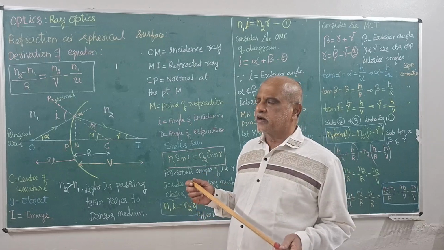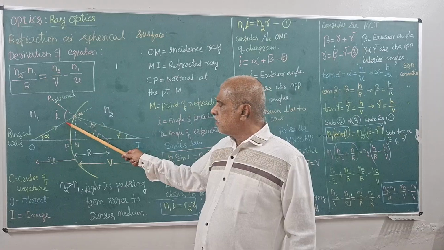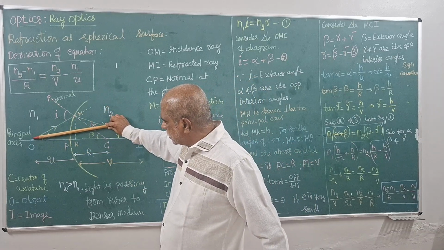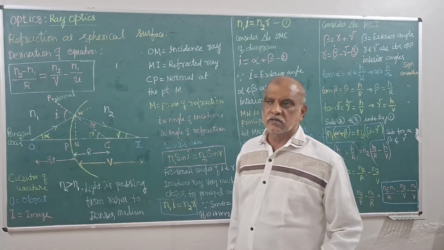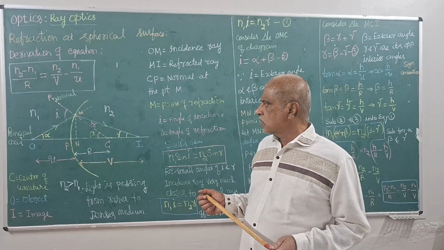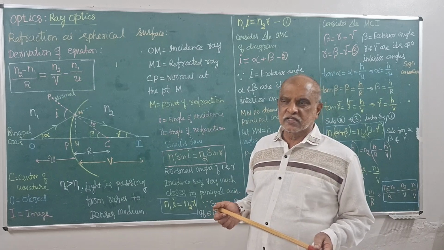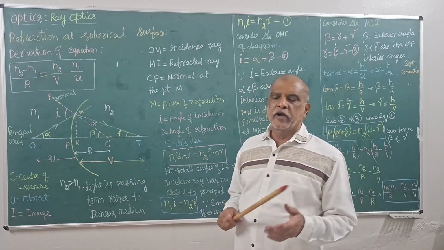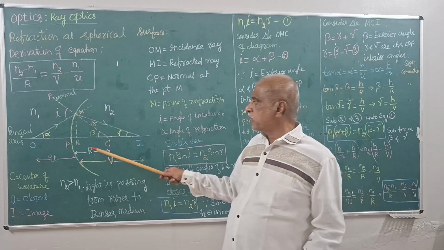What is a paraxial ray? A paraxial ray is a light ray traveling closer to the principal axis, like this. They are called paraxial rays. Why are we talking about paraxial rays? In practical applications, making lenses, these paraxial rays are predominant.